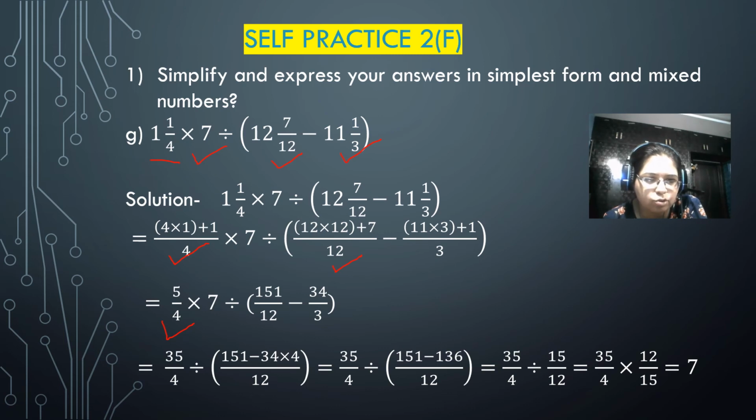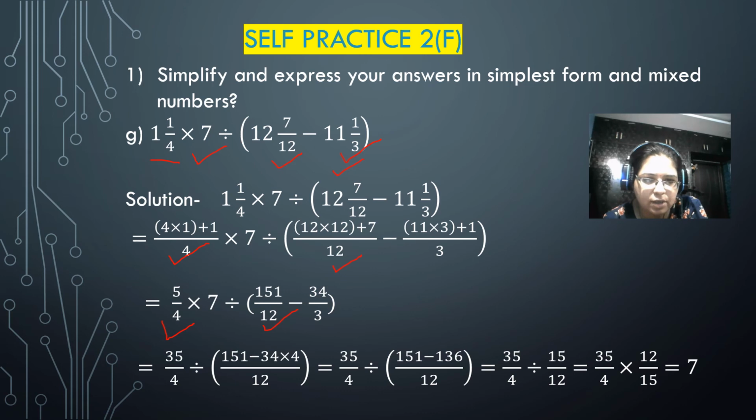Denominator multiplied with whole plus numerator, divided by denominator. Now 12 multiplied with 12 is 144, and 144 plus 7 is 151 divided by 12. That is the improper fraction of this mixed fraction 12 7/12.